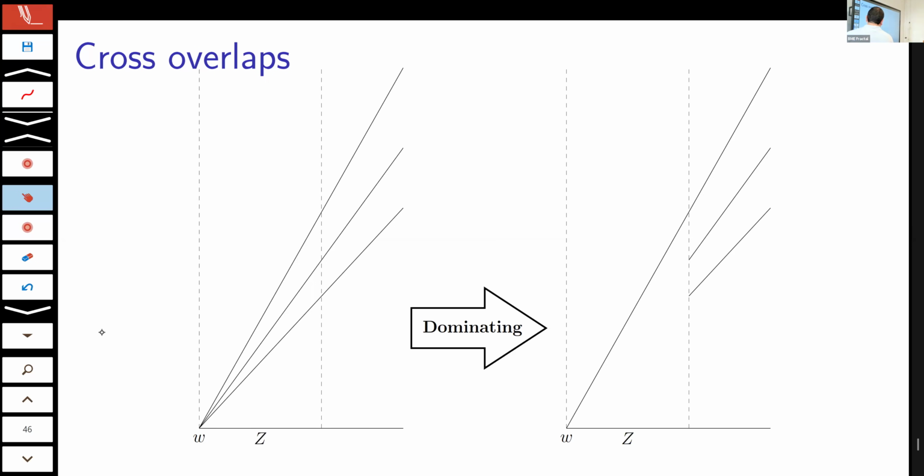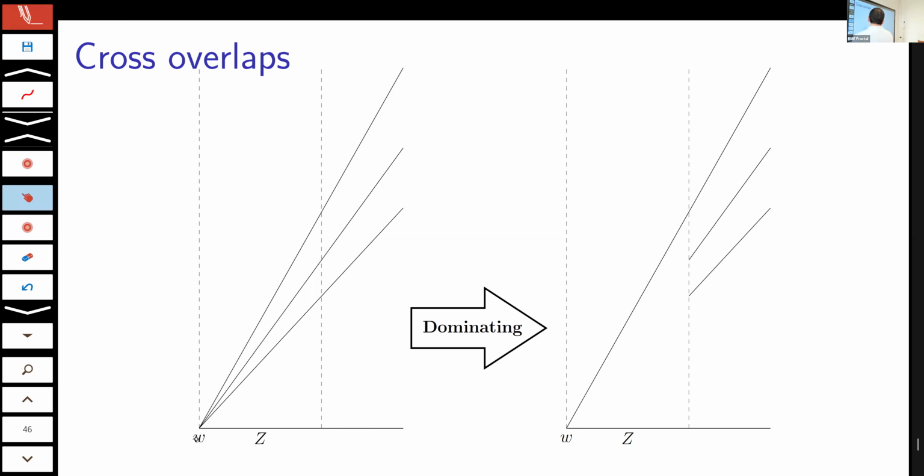And then you focus on the cross overlap and you choose a refinement where the partition element that has this crossing point as its endpoint is so small that when you get rid of it, you don't lose too much from the spectral radius action.